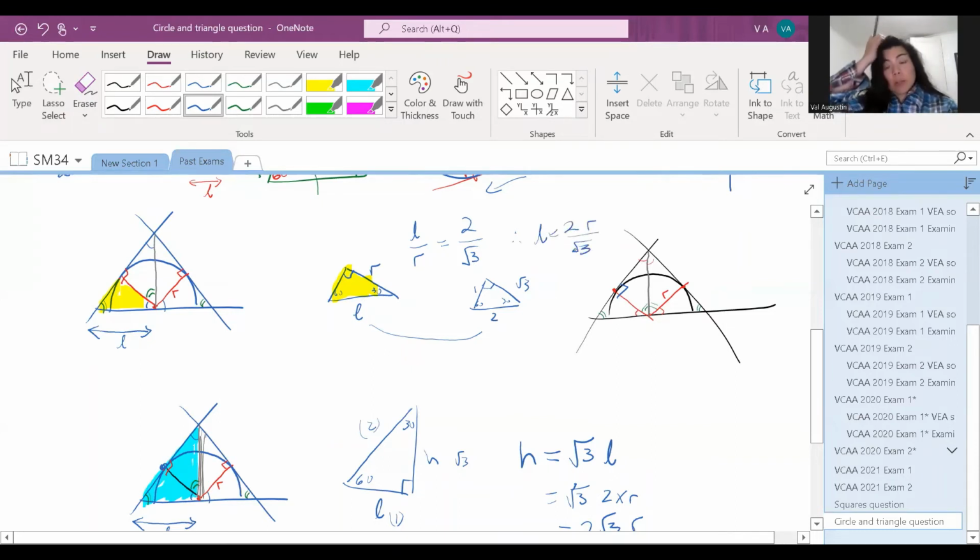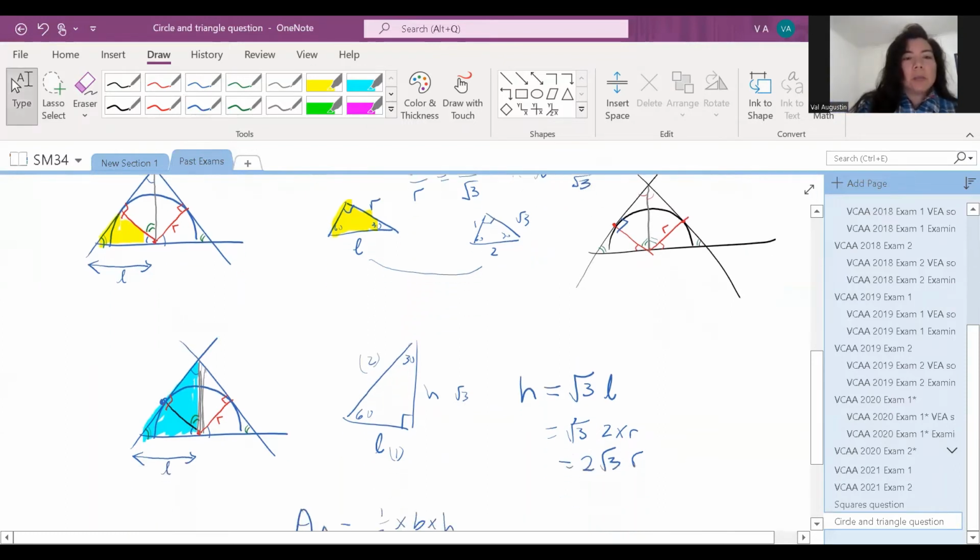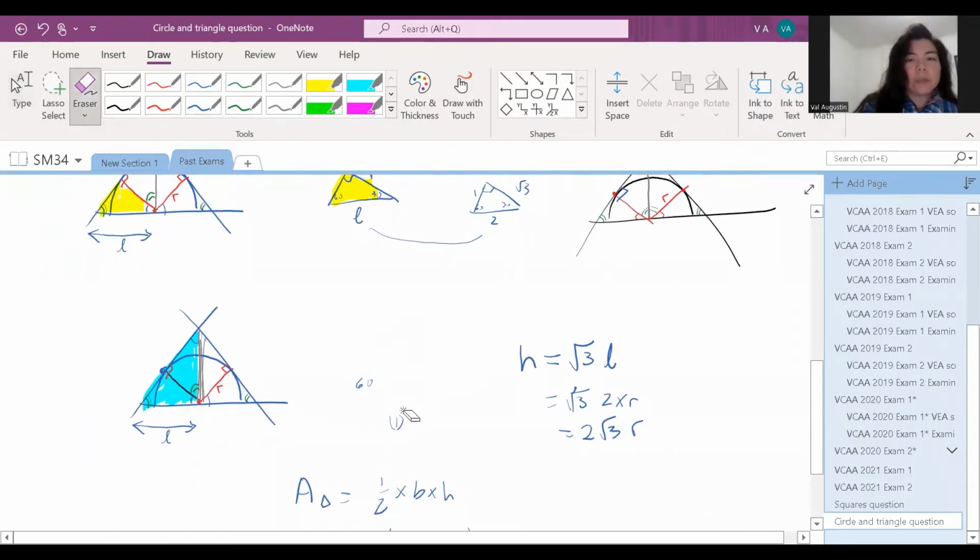So that's one relationship. The other relationship comes from a very large blue triangle here, which is composed of 60 degrees, 30 degrees, and a right angle, and that's L, and that's H. But it's similar to the 60, 30 triangle where you have 1, 2, and the square root of 3.